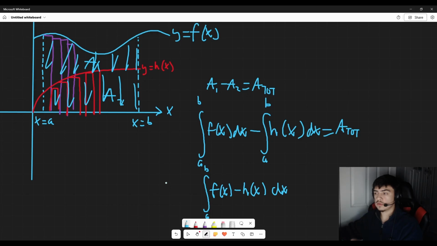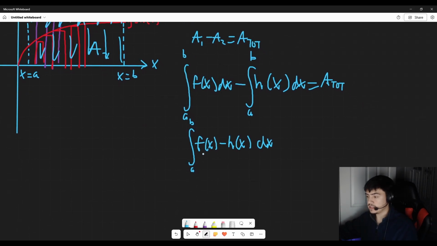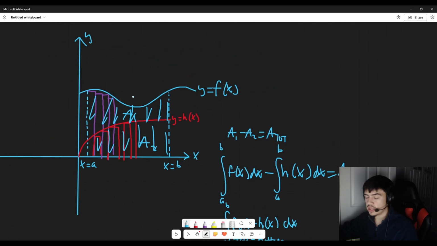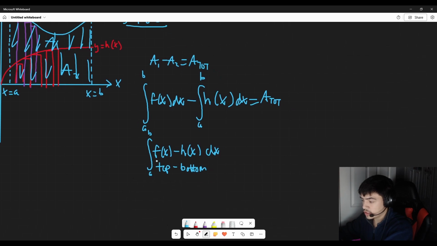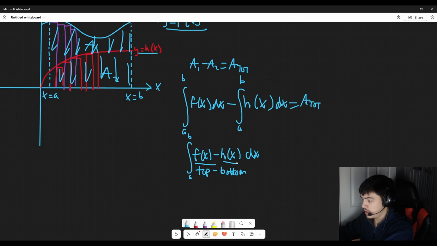And when we're doing this with functions of x, we can just think of it as the top function minus the bottom function. In this case our top function is y equals f of x. It's above y equals h of x. So that's our top function, f of x, and our bottom function, h of x.